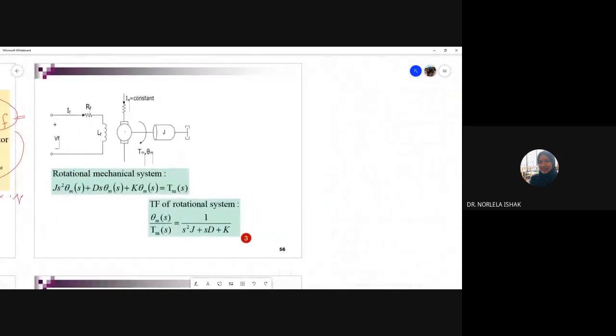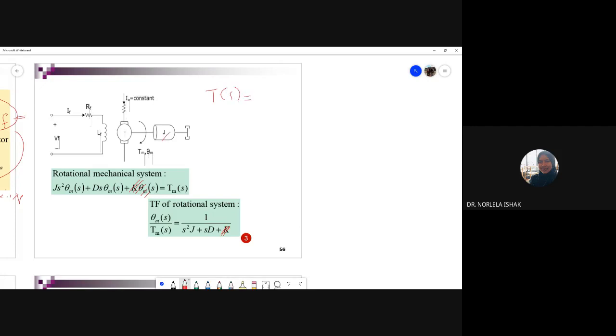Okay, the next one. Rotational mechanical system. From the rotational mechanical system you can derive the total torque in the s domain.